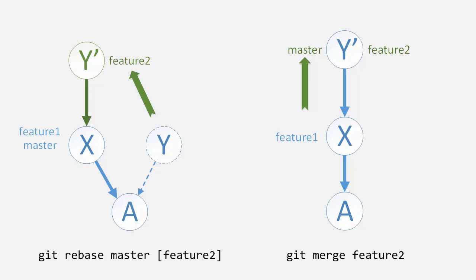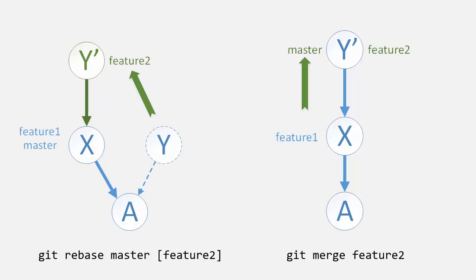Commits, though, are immutable. They can't change, and in fact part of their definition is their parent or parents. So you can't simply update a commit and change its parent. You're not allowed to do that. You have to create a brand new commit, and that's what's happening here. So this Y prime is the equivalent of the change made in the Y commit, but set so that the tip of the master branch is its parent.